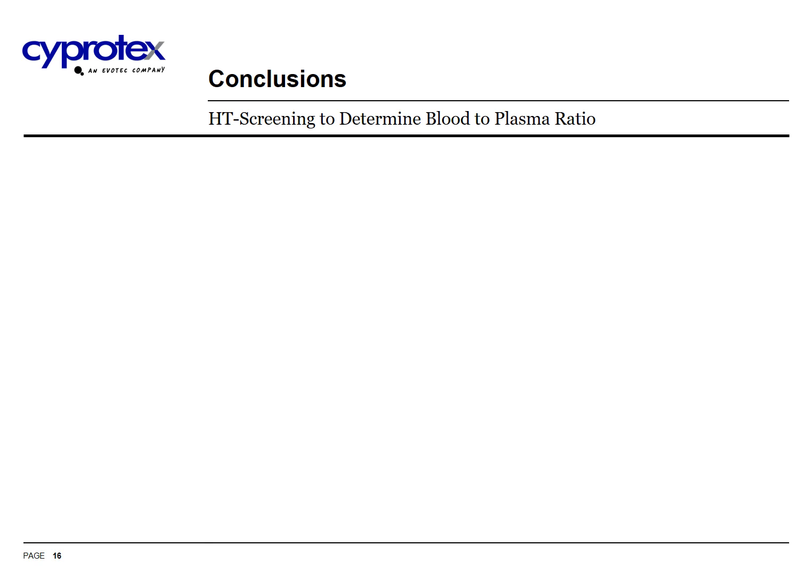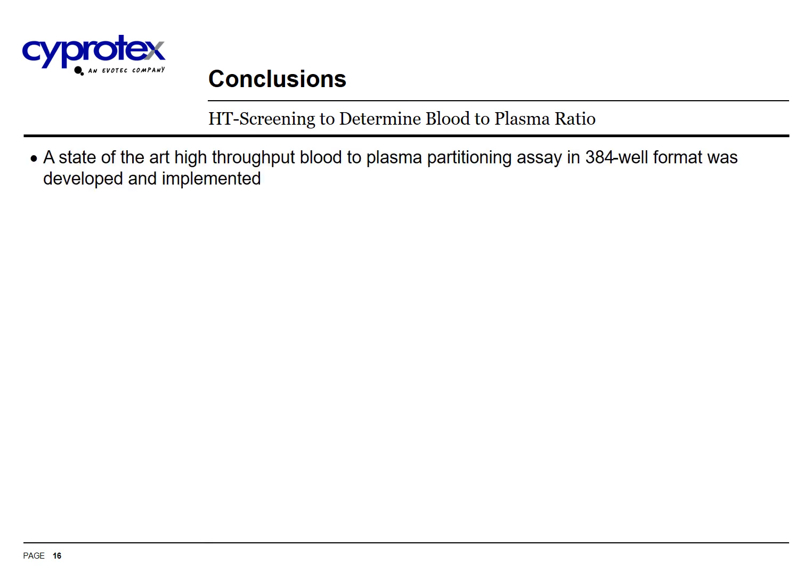Robust high throughput screening method has been developed to measure blood to plasma ratio, and here are the conclusions for the developed method. A state-of-the-art high-throughput blood-to-plasma partitioning assay in 384 well format was developed and implemented.